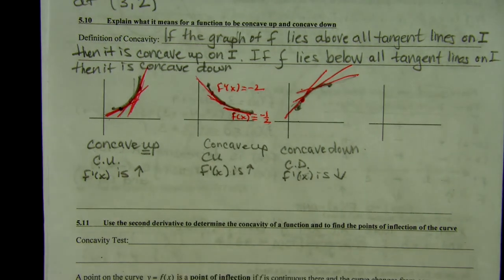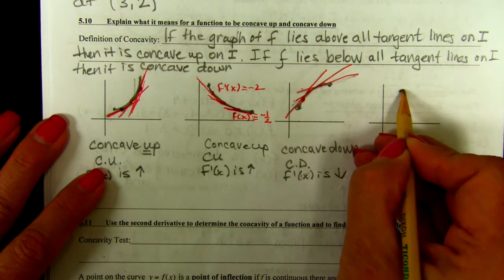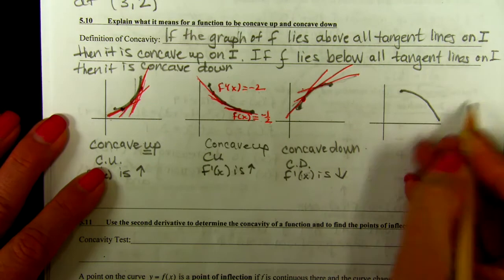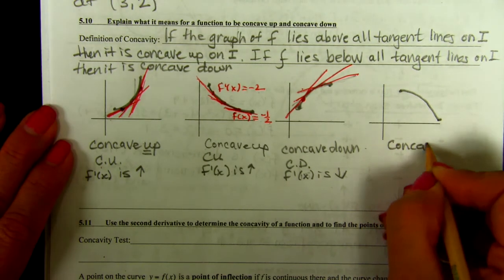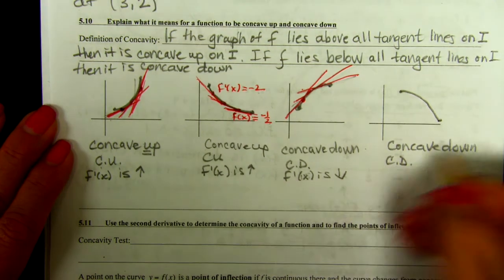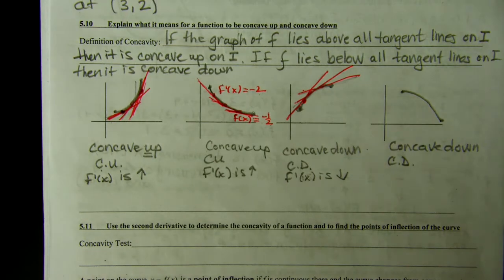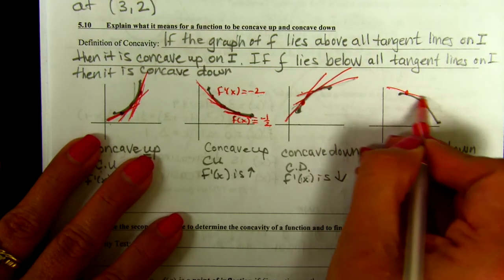All right, and let's look at another example. Let's draw this curve right here. Okay, this is concave down, I'm going to say, or CD. And let's look at those tangent lines. Okay, here's a tangent line.